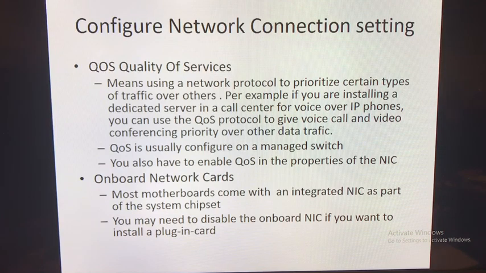And I spoke about quality of service. So if you want to prioritize certain types of traffic over other types of traffic in your network, you may have to activate quality of service and give priority to the protocol that you want to prioritize.